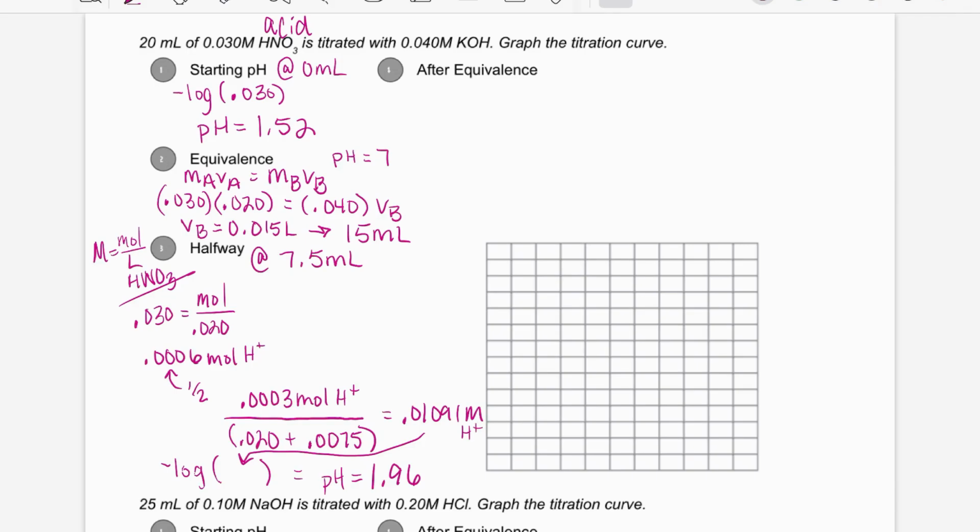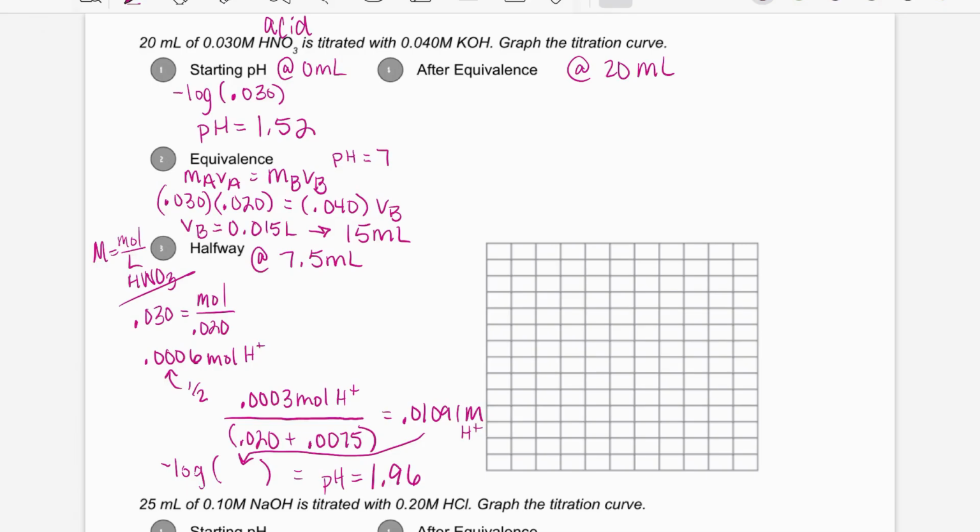I just need one more, which is my ending point after equivalence. At this point, I can pick any volume. Since my equivalence was 15 milliliters, I'm going to choose 20. So at 20 milliliters, I'm going to figure out what the new pH is going to be.